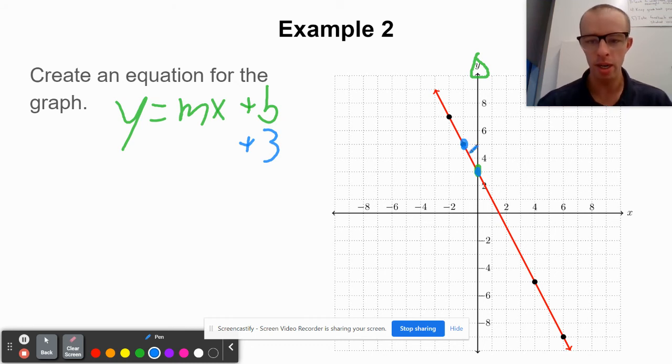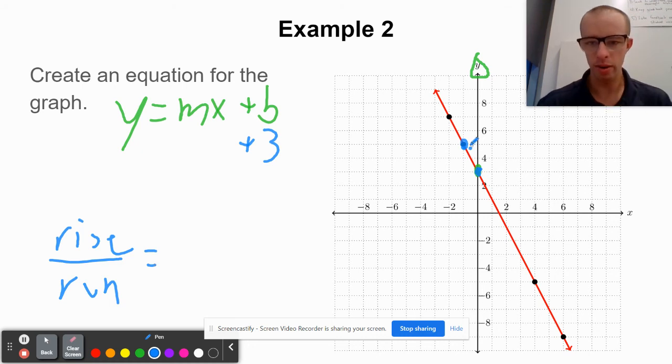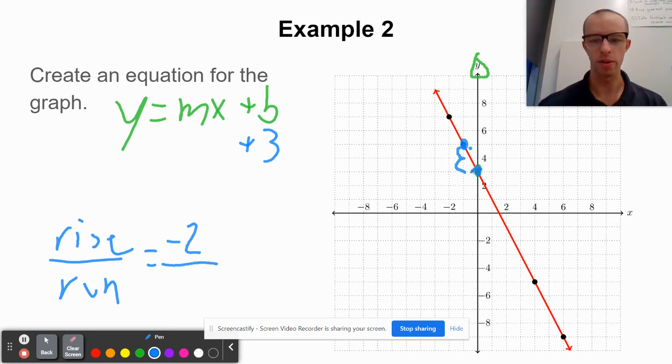So to get from this point to this point, I need to calculate my rise over run. Looks like I go down 1, 2. Down 2, hopefully you remember this, to show going down in math. Well, that's not a rise, that's going down. So we use a negative to show that we're going down.